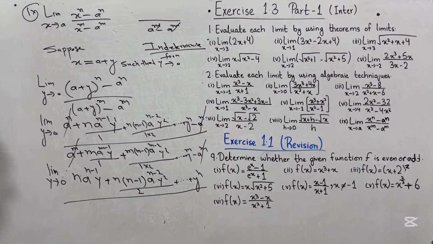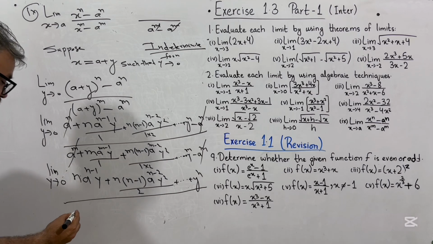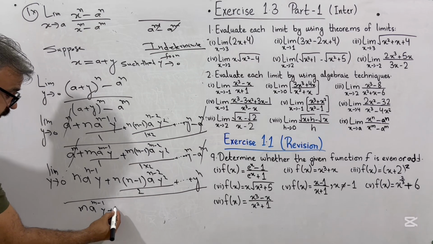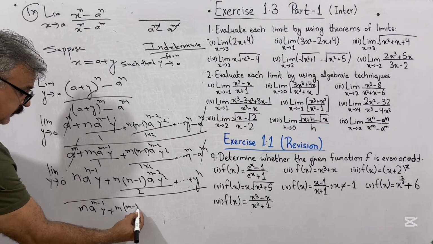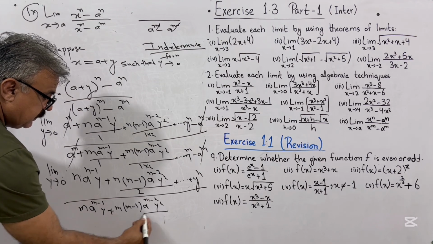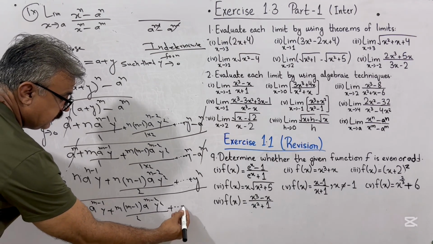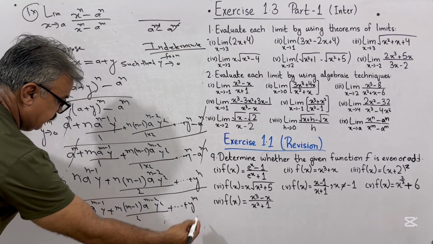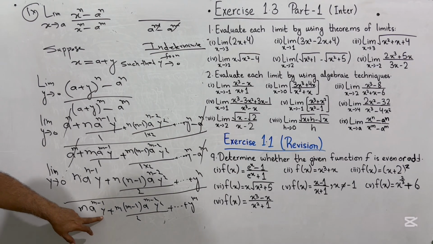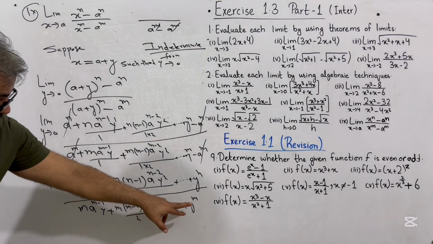Similarly, in the denominator, instead of n we have just m: m a raised m minus 1 times y plus m times m minus 1 a raised m minus 2 y squared overall 2, and so on, up to y raised m. Check the situation: limit is 0, and there is y squared, y cube and so on.